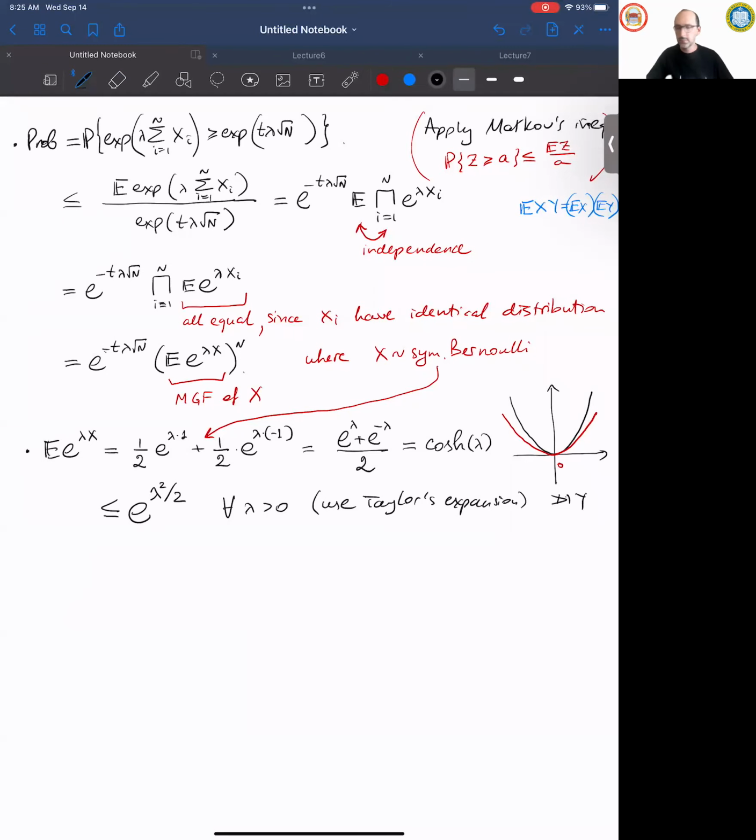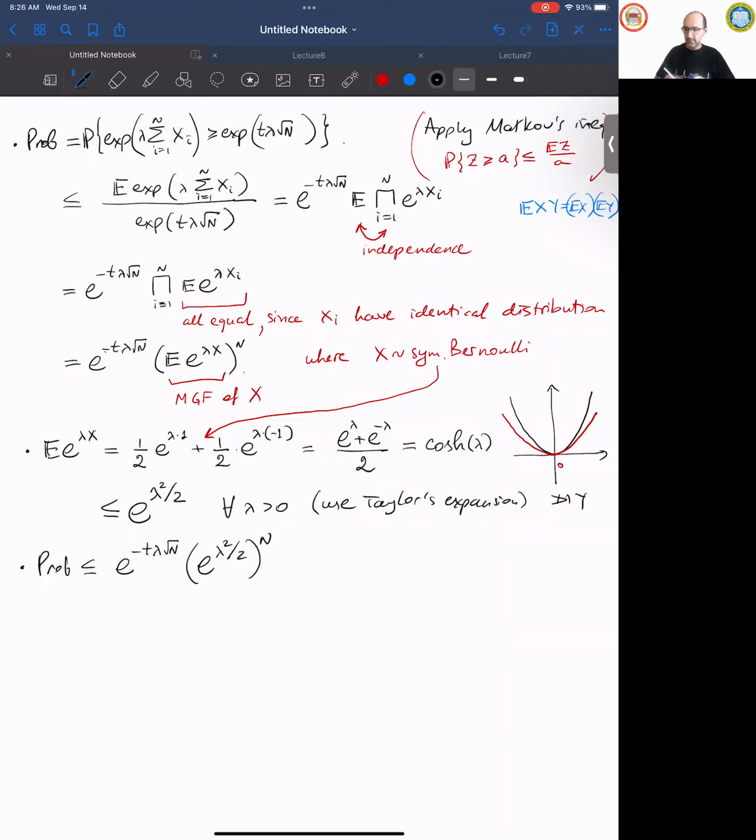E to the lambda square over 2. Okay, you can do it fine. Okay, look, let's put it back into the probability, into this formula. So we have the probability bounded by this number, t lambda root n, and this is our moment generating function bound raised to the power n.